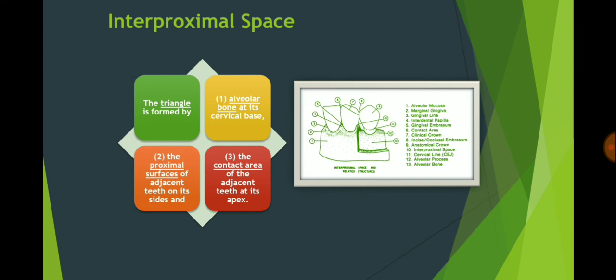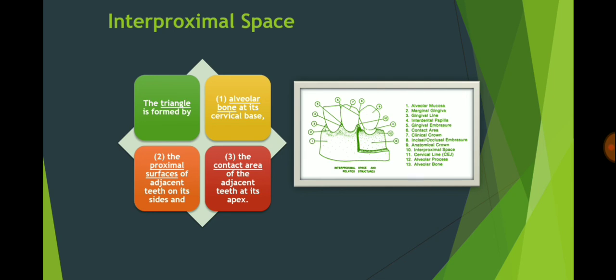The triangle of the interproximal space is formed by, number 1, alveolar bone at its cervical base. Okay, so the interproximal space is a triangle. What makes the base of the triangle of the interproximal space is the alveolar bone. Number 2, the proximal surfaces of the adjacent teeth on each side.